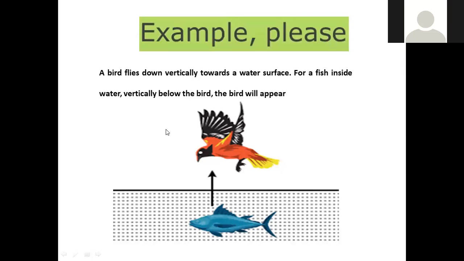The bird is traveling in the sky, moving towards the water, slowly traveling down towards the water surface. Exactly at the same point of view, you can find the fish inside the water. Now, the fish is watching the bird. From the point of view of the fish, how will the bird appear? That is the kind of relation we have to draw here.